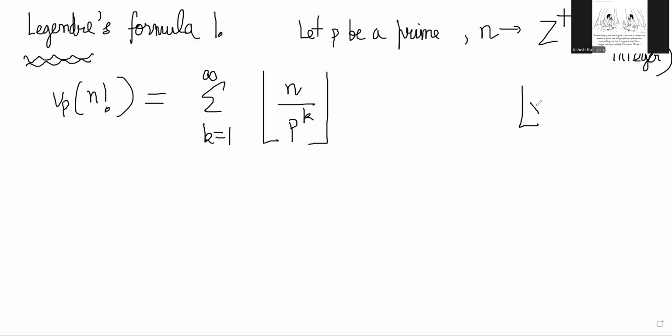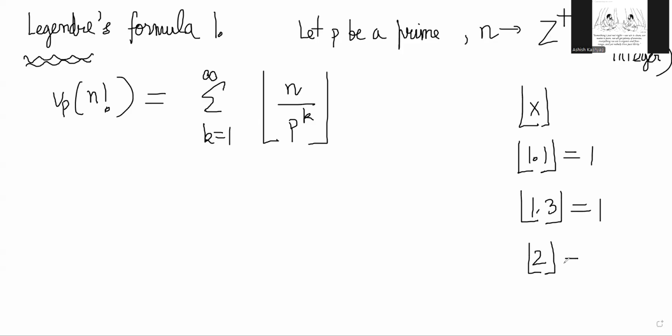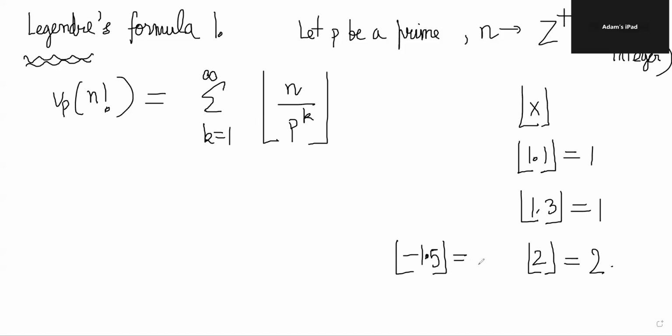Does everyone know what the floor function is? Yes. So, for example, the floor function of 1.1 will be 1, and the floor function of 1.3 is also 1. The floor function of 2 is 2. And the floor function of -1.5 is how much? -2.